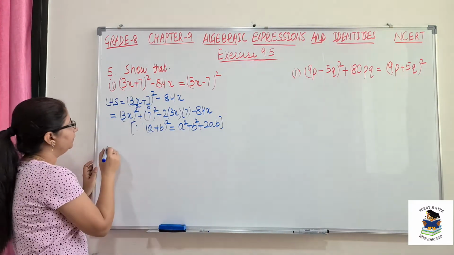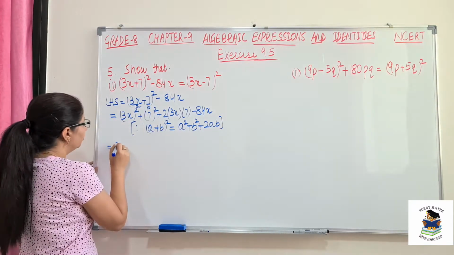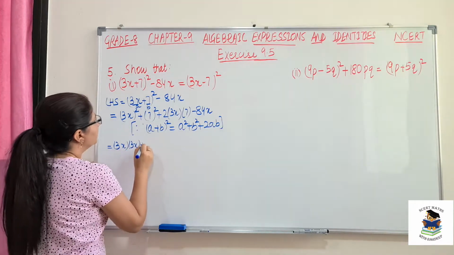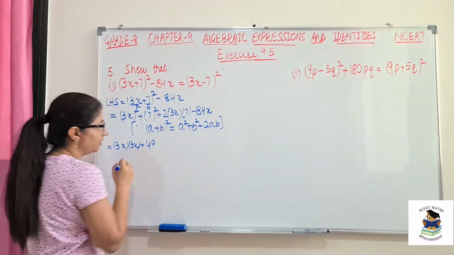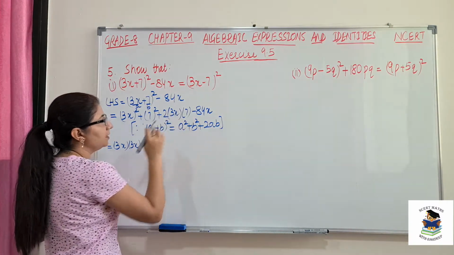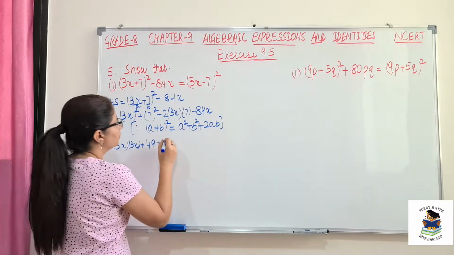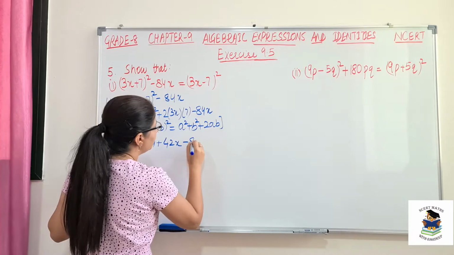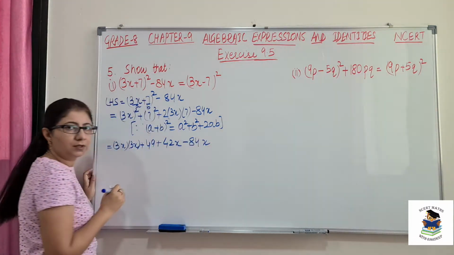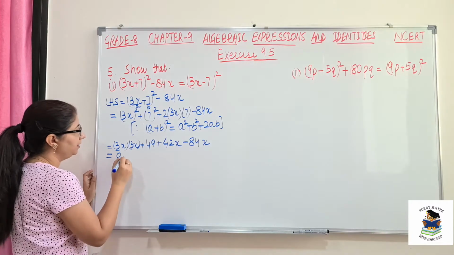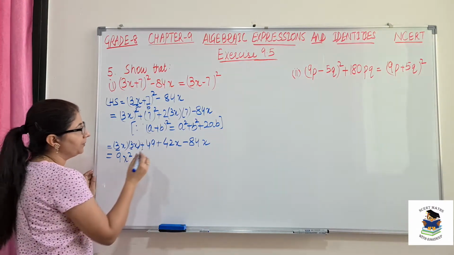Right? Now we will solve this. (3x) whole square, so that is 3x into 3x. 7 square is 7 into 7, 49. 2 3s are 6, 6 7s are 42, so this is 42x and minus 84x. Correct? Now we have 3 into 3 as 9, 9x square.